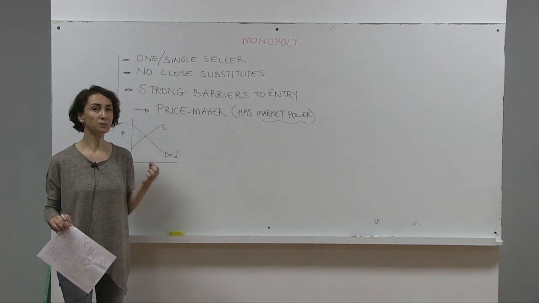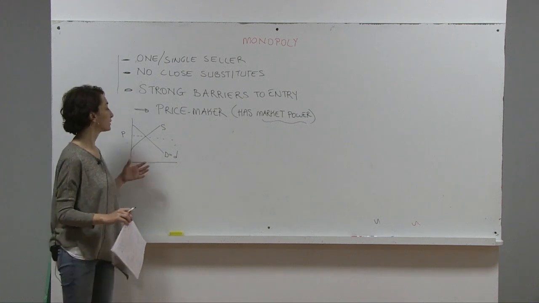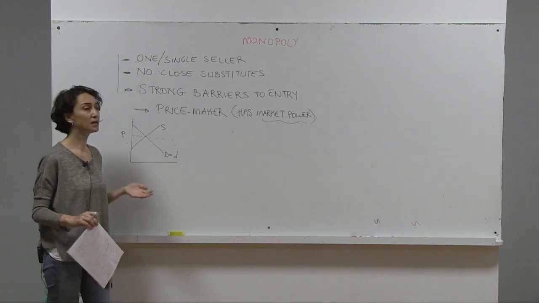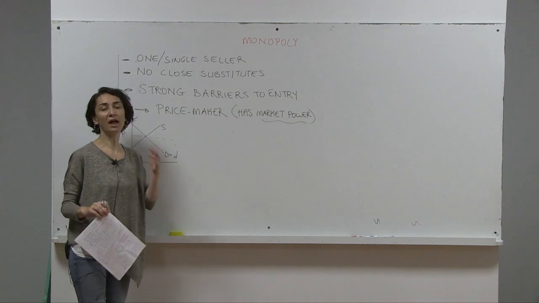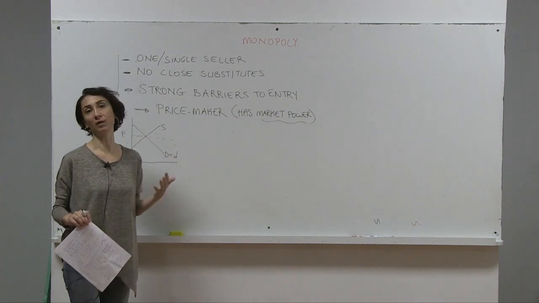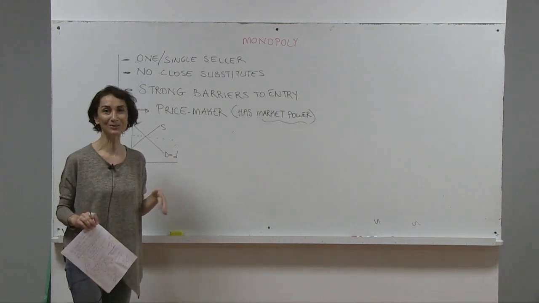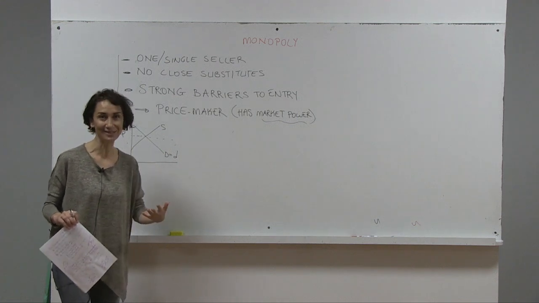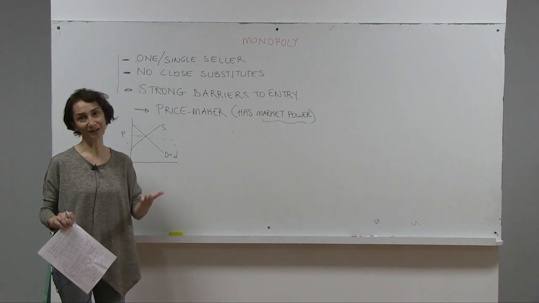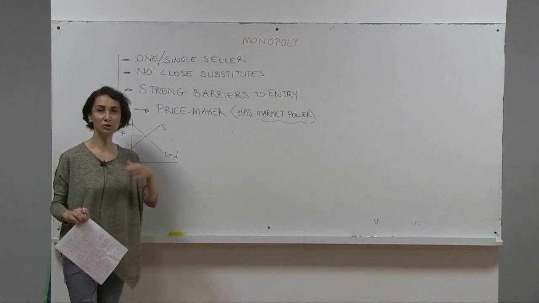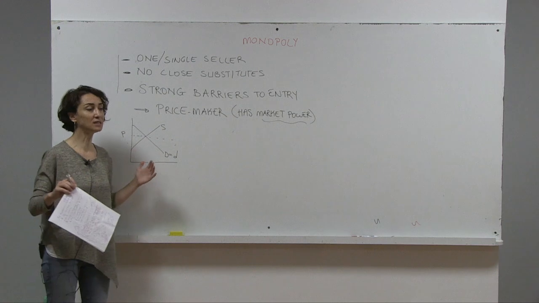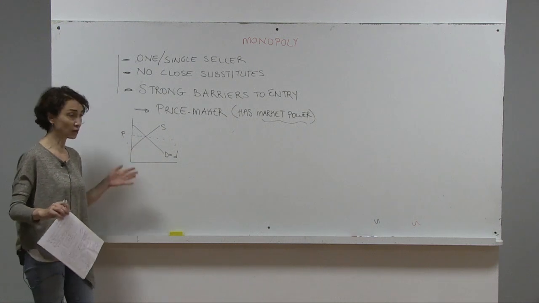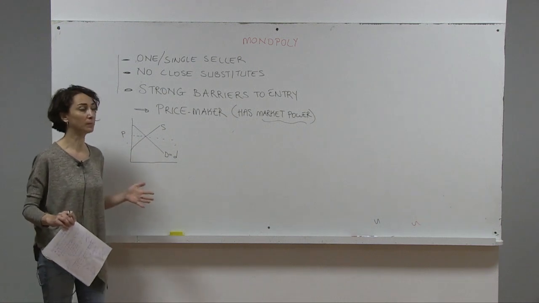If these 1,000 producers come together and say, we are now acting as a single company, it is very difficult to do, so that is why we don't see examples of monopolies in sectors like tomatoes or agricultural producers. But just imagine this.